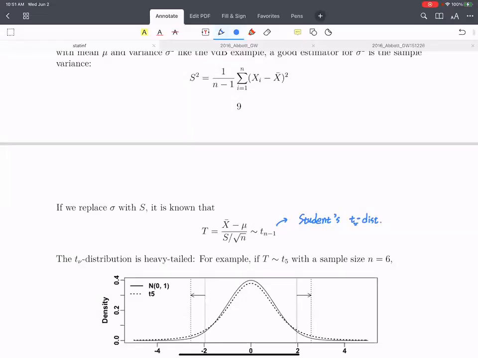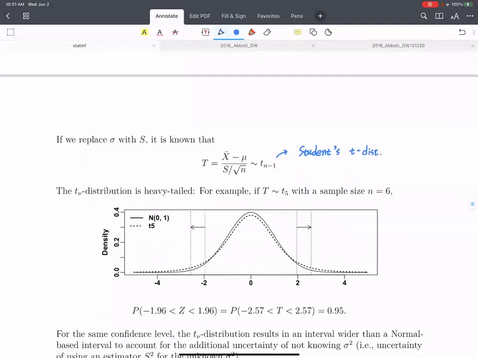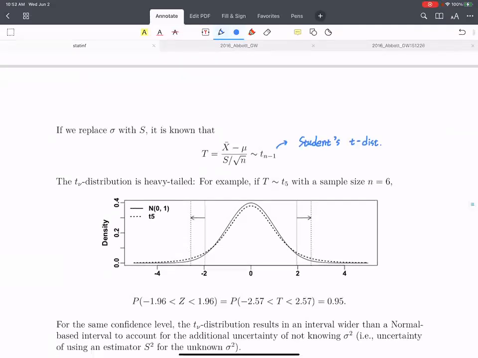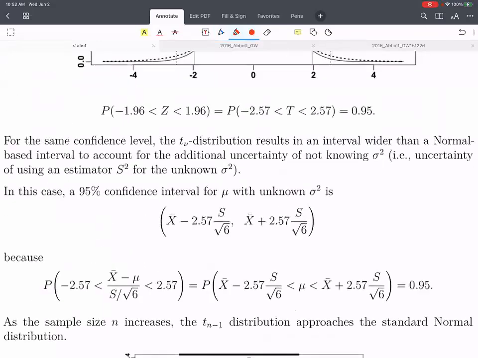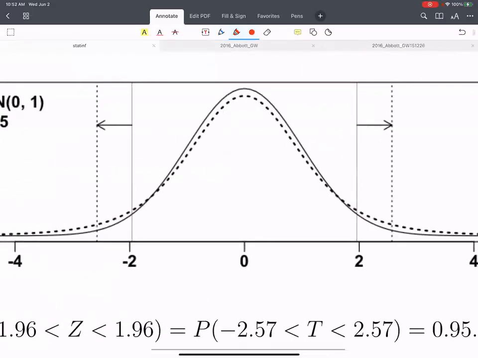A t distribution comes with degrees of freedom, and in this case, this is n-1. Let me briefly introduce what the t distribution does. The t distribution is heavy tailed. That's the most important property. For example, if the t distribution has 5 degrees of freedom, which is the case when the sample size is 6, you can see that it has thicker tails.